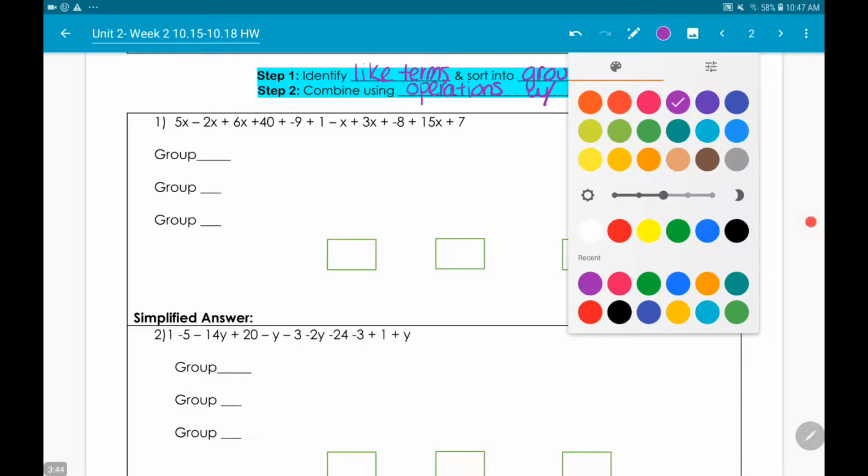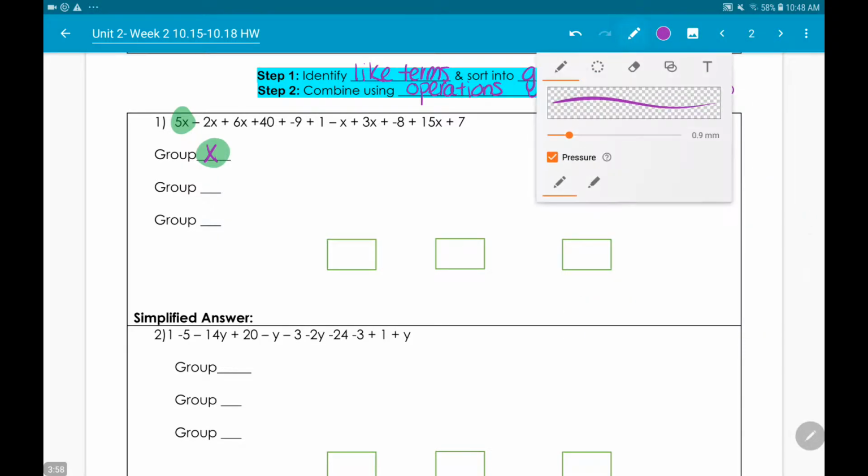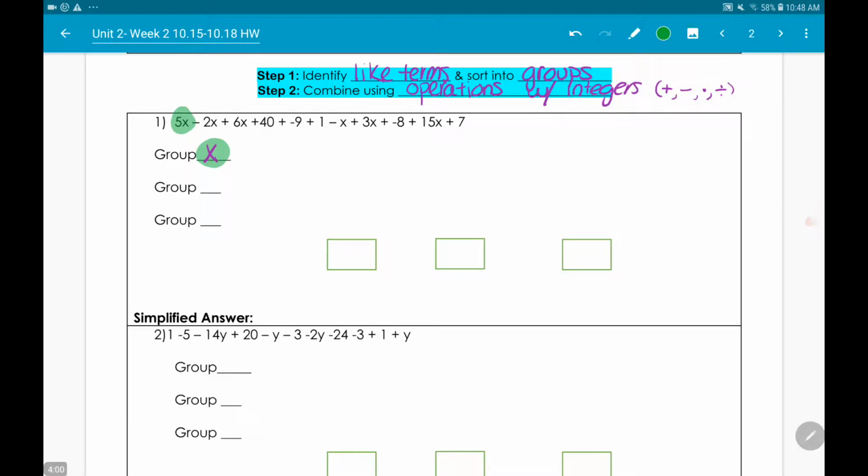So I see my first variable. That is just an X. So I'm going to make that my first group, and I'm going to call that my X group. So I want to identify all things that just have an X. So I see another one, another one, another one.